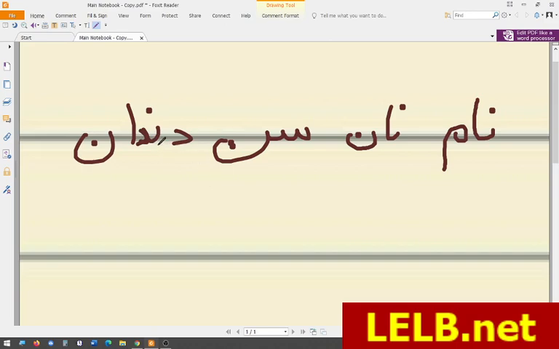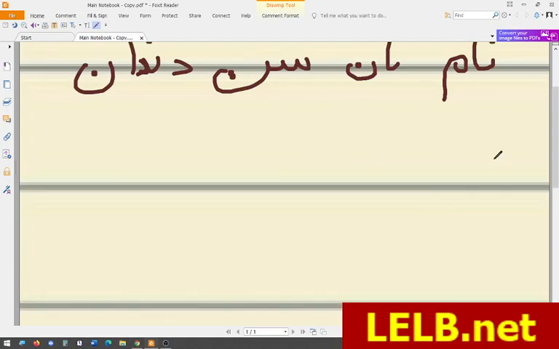So the first one is attached and the last one is detached. ایران. الف ی ر الف نون. The country of Iran. Iran.